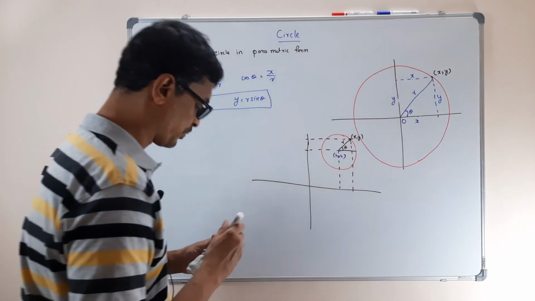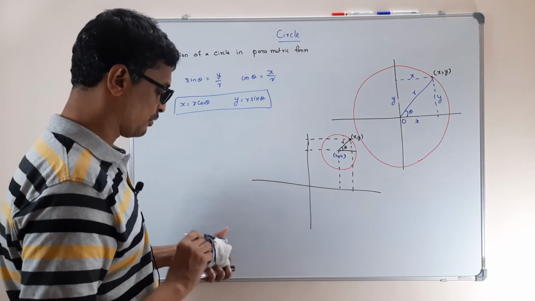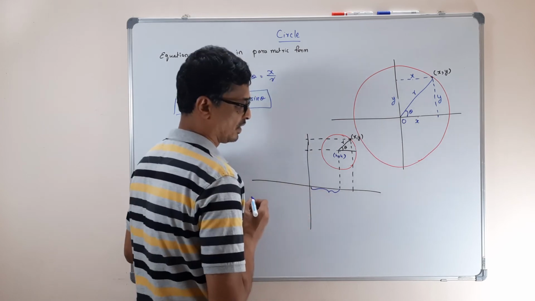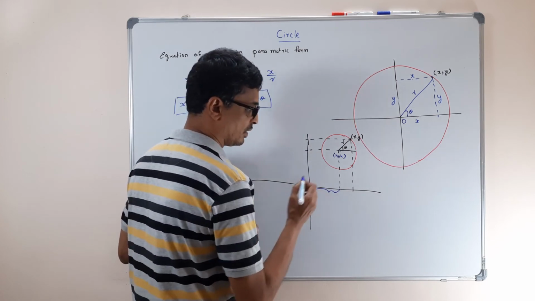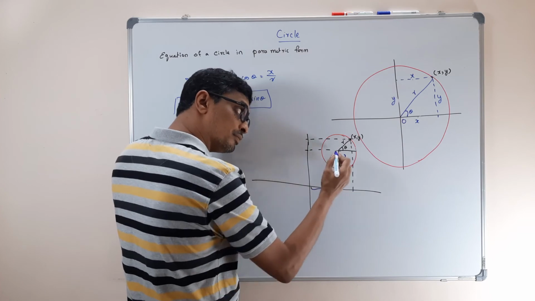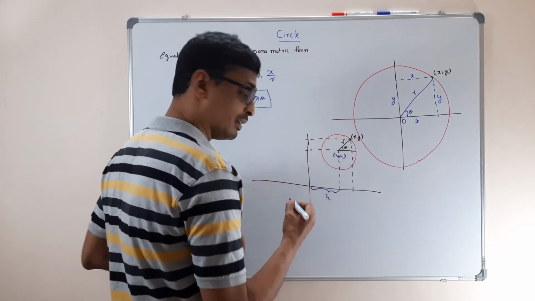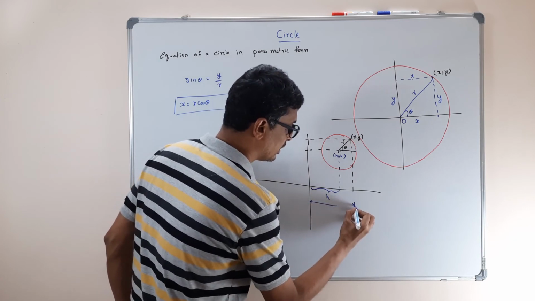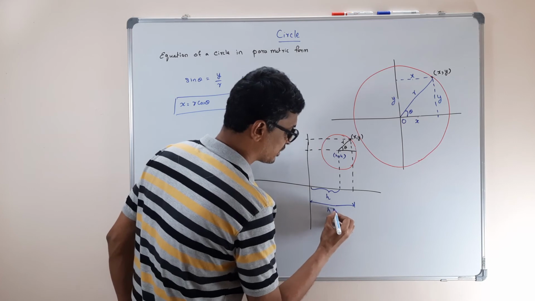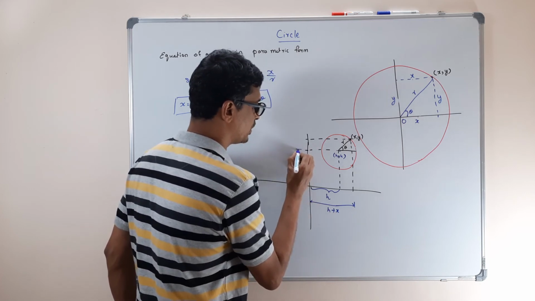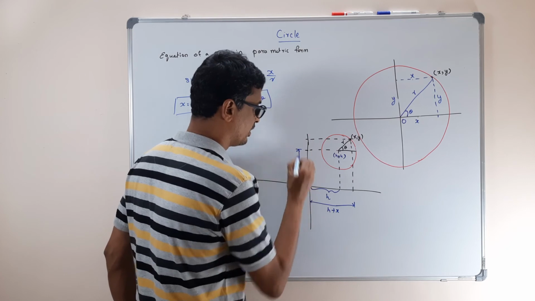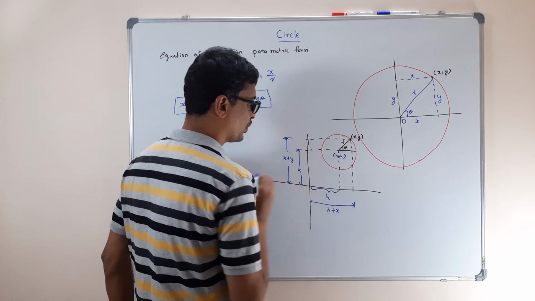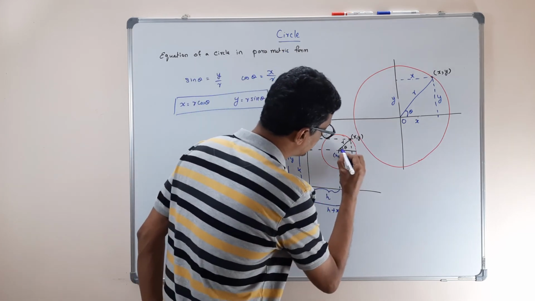Tell me. It is h. So what is this length? h plus x. Correct? And what is this one? k. And what is this one? k plus y.